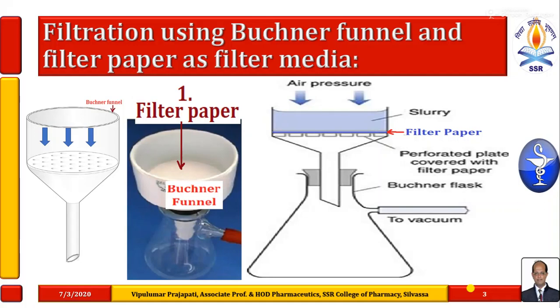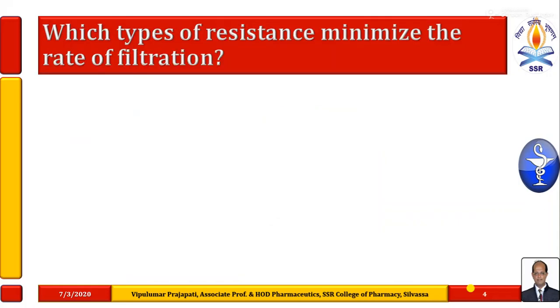After that, we have to pour the required slurry or heterogeneous fluid mixture for filtration purpose. Under the pressure, it will be a driving force, so the filtration is going to take place.